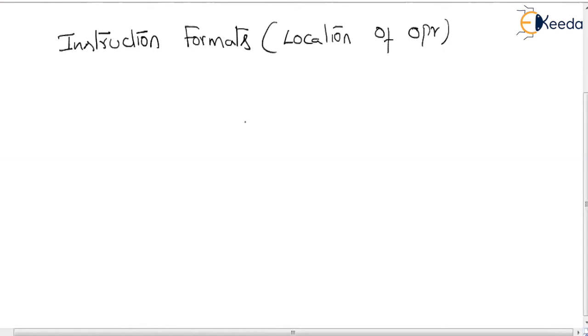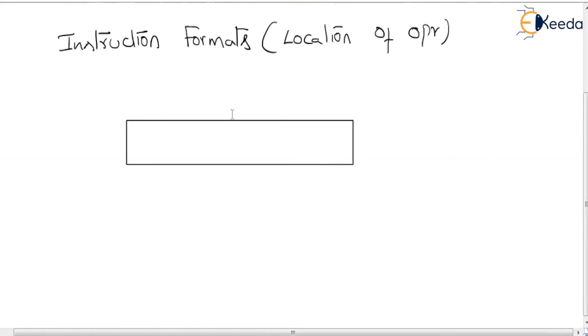Okay. If you could remember, we design an instruction in the system. That instruction has 3 fields. Remember, the first bit is a mode digit.